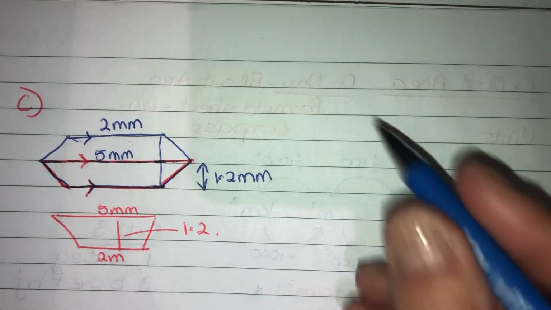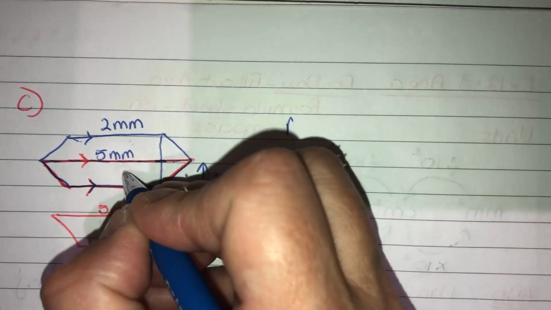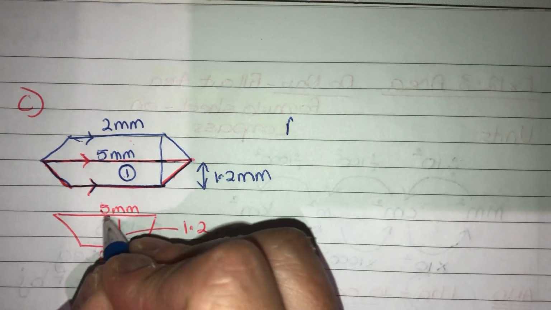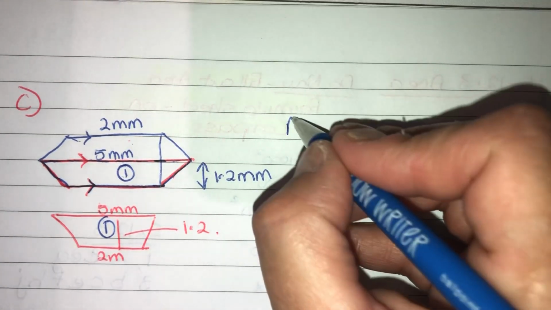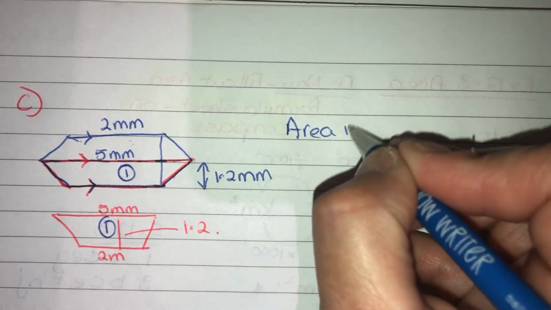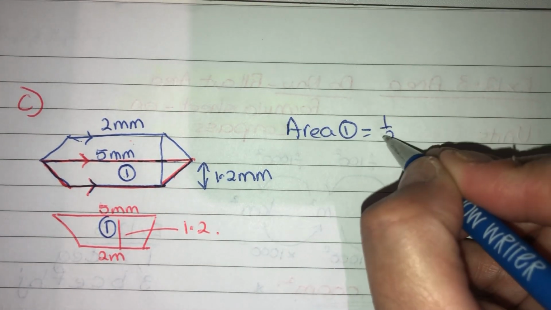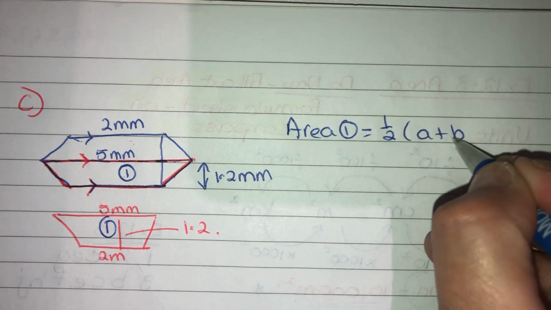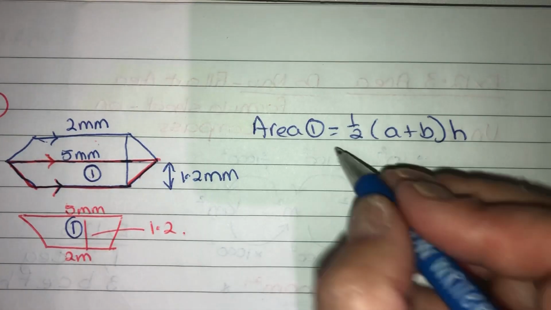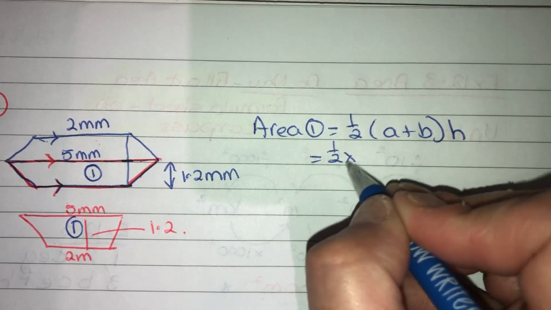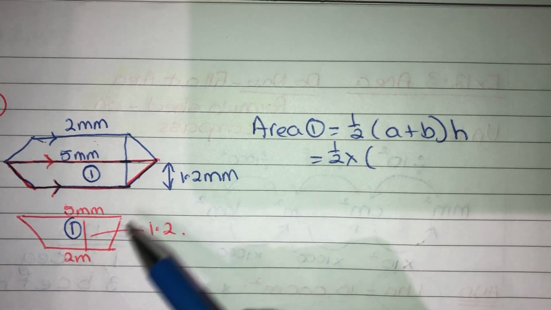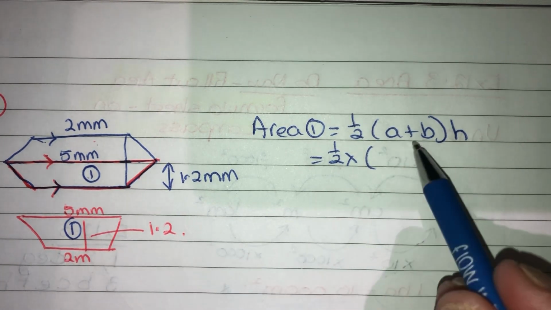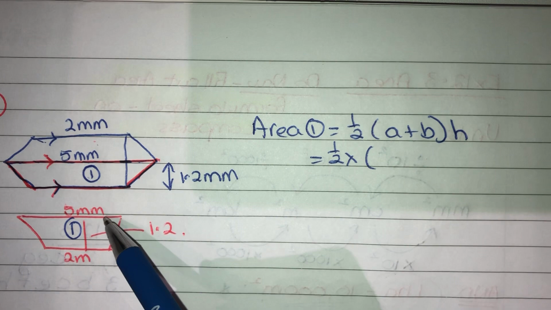So let's go ahead and do that. So I'm going to call this area 1, and that just means that 1/2 of it. So area 1, which is a trapezium, is our half A plus B times H, which is half times. Now thinking ahead of me, these are the 2 parallel lines, the 2 lines that will never touch.